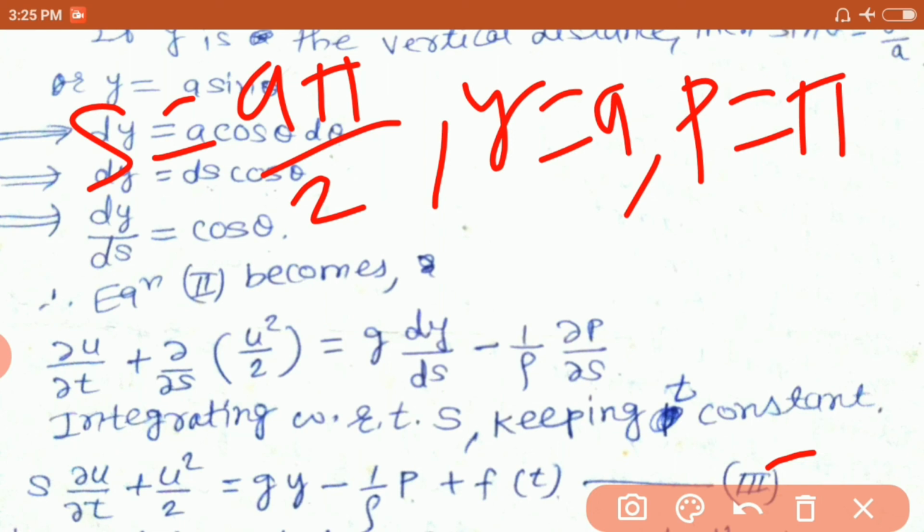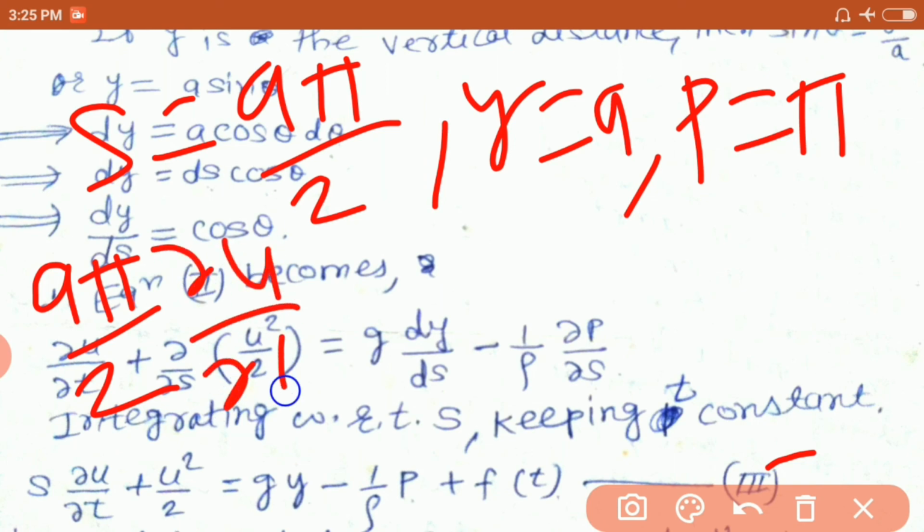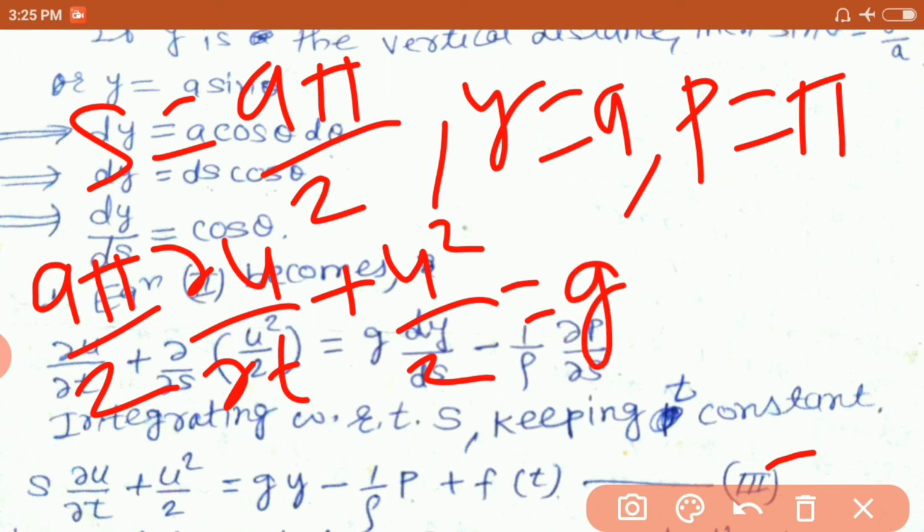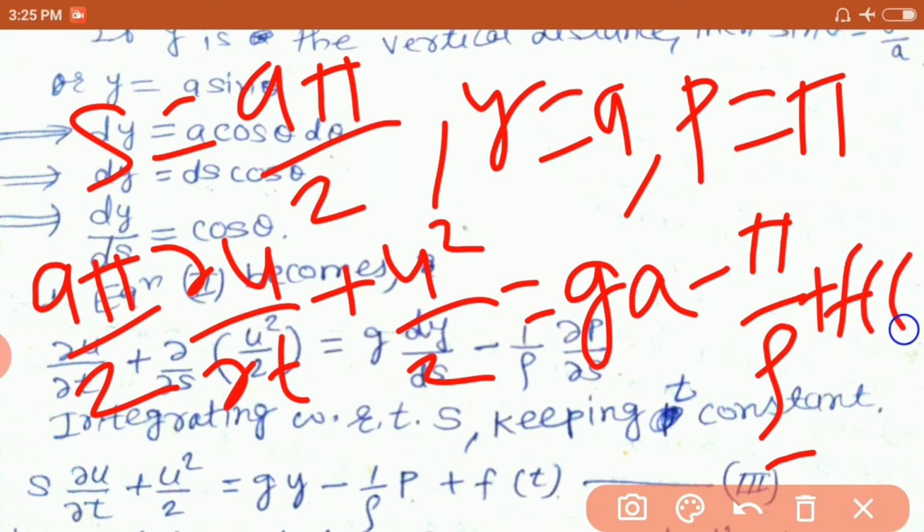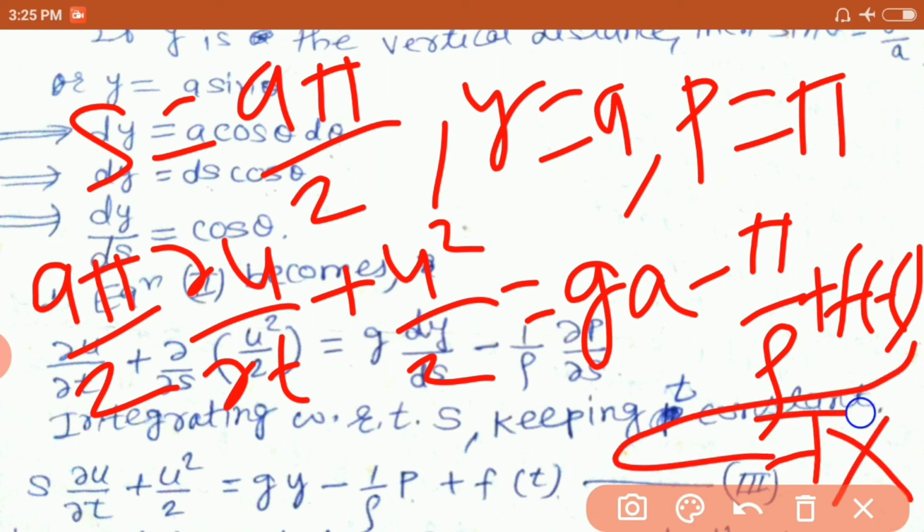Again equation third becomes: a pi by 2 dou u by dou t as it is, plus u square by 2 as it is, equal to g a, minus pi by rho as it is, plus f of t. Suppose this is equation 9.